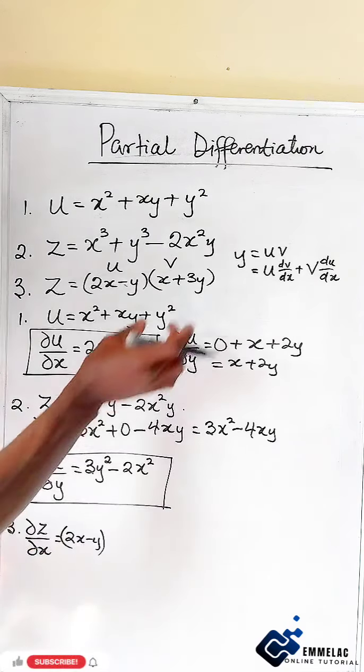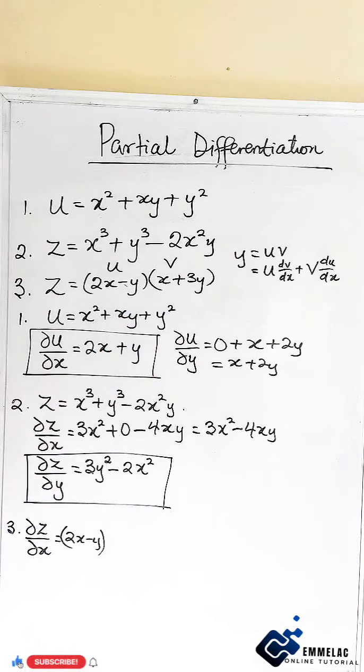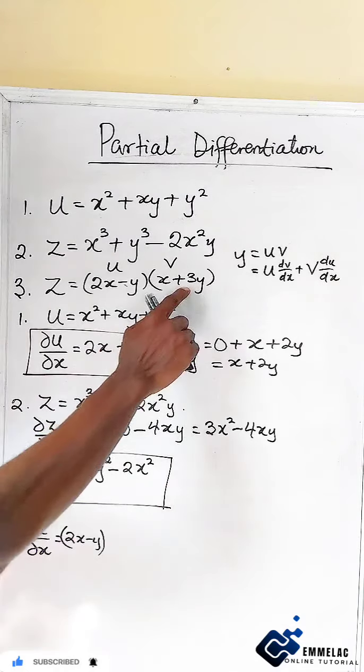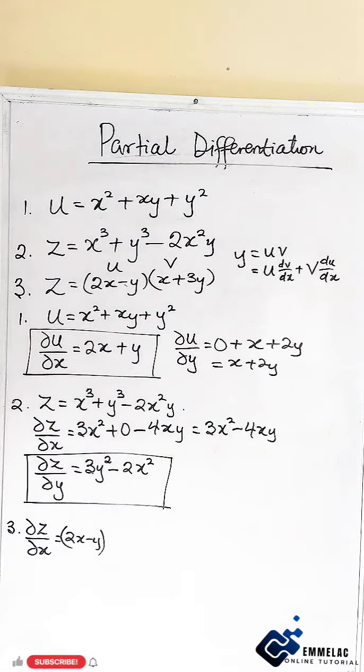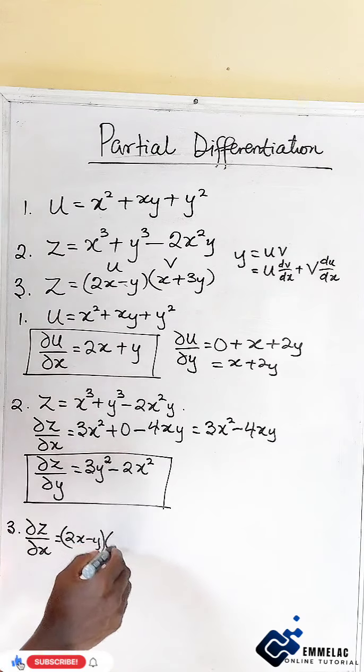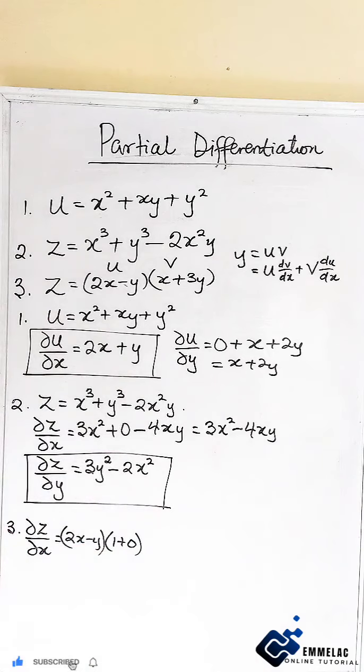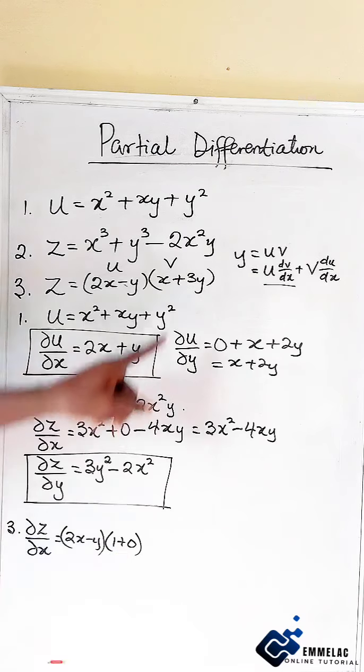Now differentiating v with respect to x, here it implies 1, and here is a constant. So here you have 1 plus 0. Now we've done this part, which is keeping u constant and differentiating v.